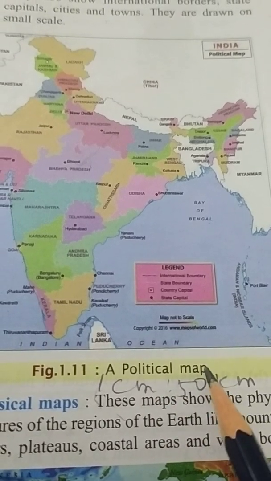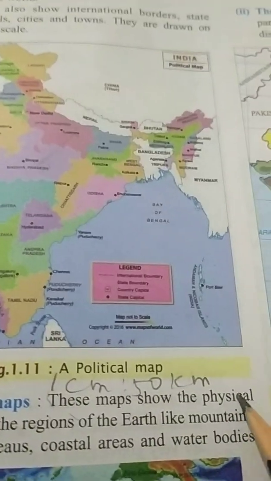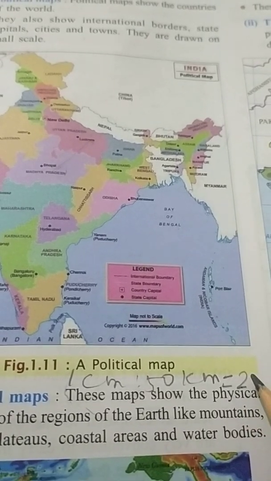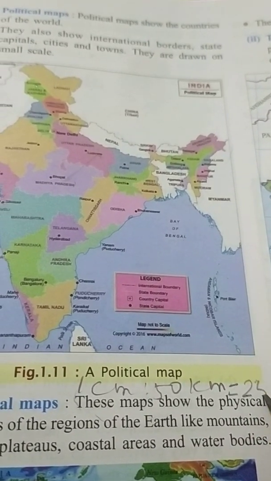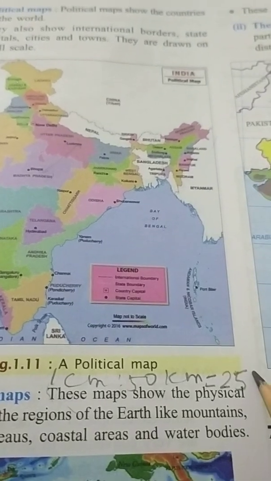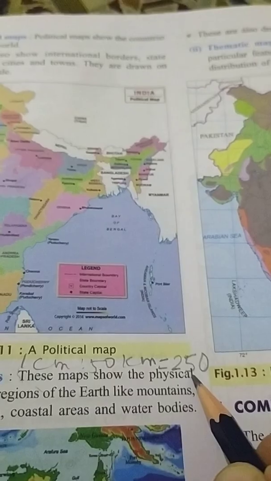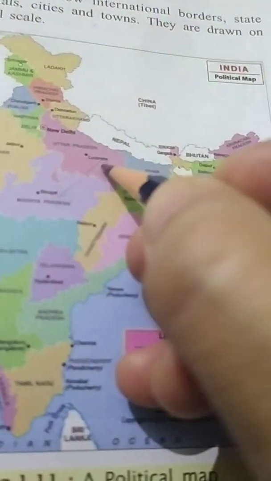So 50 into 5 is equal to 250 kilometers. I'm just giving you a rough idea. It's not the actual distance between Bhopal and Lucknow, but I'm just telling you what a scale does.